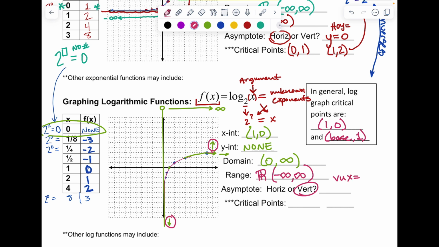VU x equals is how we can remember our vertical information, and it has an undefined slope, and in this case x equals 0 because it's our y-axis. Our critical points, referring to this box right here, were 1, 0, and our base, which if we go look, it was 2, and when we put in a 2, we got out 1.